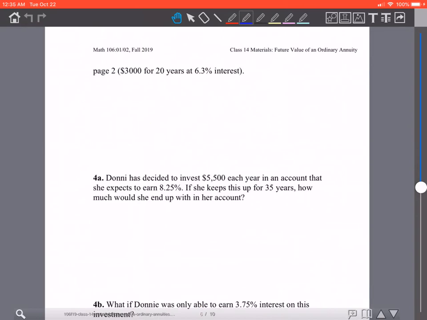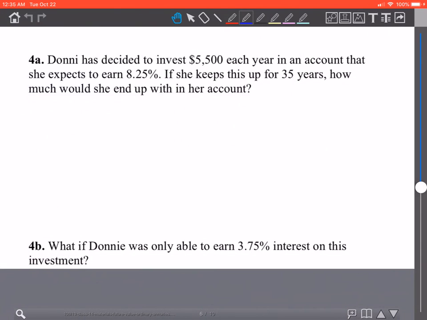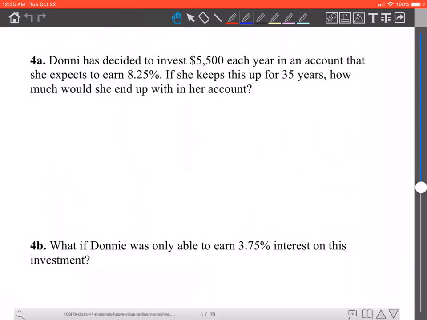Alright, so a couple more examples to get us familiar with using the formula. And then we're going to talk about compounding frequencies. So, really quickly, Donnie decided to invest $5,500 each year in an account that she expects to earn 8.25%. She keeps this up for 35 years. How much would she end up with in her account?